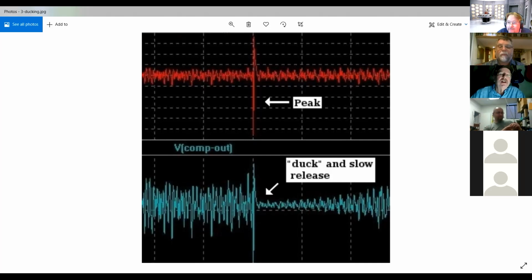No. All right, we've got peaks here and regular audio level, and you can see this is a typical compressor that uses a fast attack and a slow release. Incidentally, you'll notice in this case the attack's not quite fast enough, but you can see when that big peak bangs in there, we get what's called ducking, followed by a slow release.